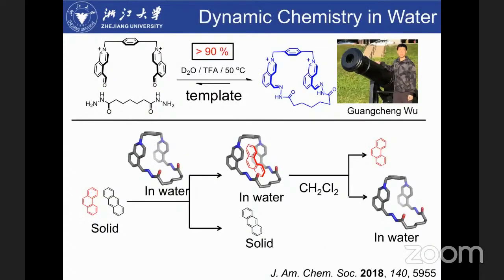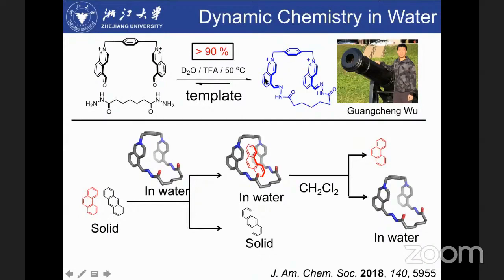A few years later, we used this method to synthesize macrocycles, because the hydrazone condensation is reversible, and we get this macrocycle in close to quantitative yield with a template. And by using counter-anion exchange, we can remove the template, and we get the macrocycle as the chloride salt.